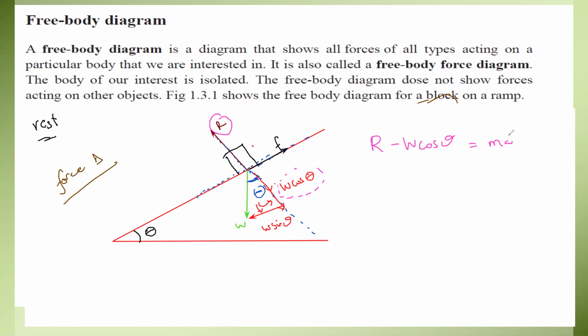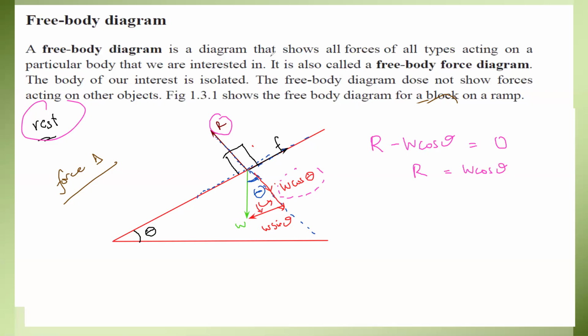What is the mistake here? It's equal to 0, because this object is stationary or at rest and it is not accelerating in the plane. So R minus W cosine theta is equal to 0, or I can also say R is equal to W cosine theta.